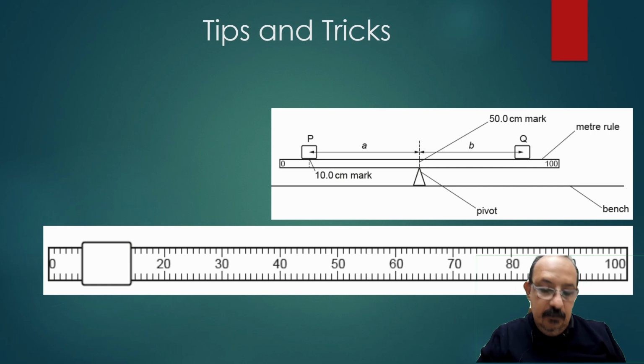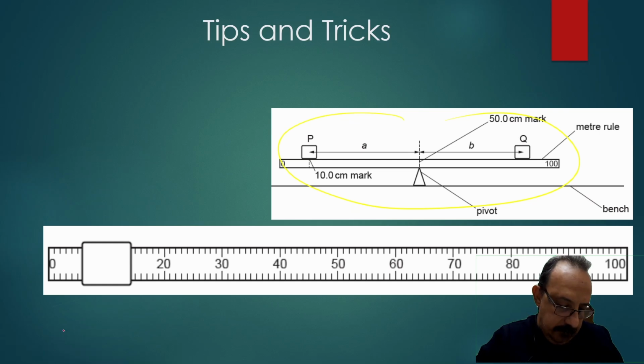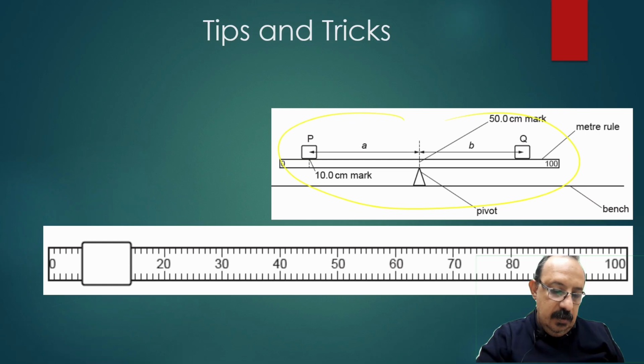Again, a recurring theme of questions that you might encounter in the exam is using a meter ruler, a couple of weights and a pivot. The experiment states that the meter ruler with the weights is balanced on the pivot, something like this. And you are asked how you can accurately set the mass, for example the mass P, on the meter ruler at an exact distance of 10 centimeter from the 0 mark.